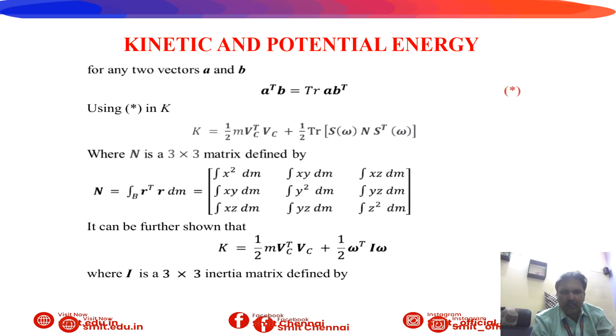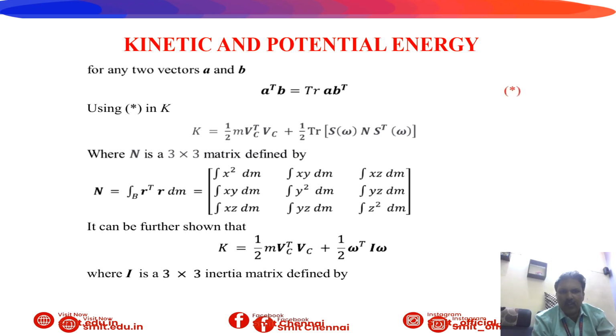So for any two vectors a and b, we can write a transpose b equal to trace of a b transpose. Using this equation again we can write K equal to half m v_c transpose v_c plus half trace of S(omega) N S transpose(omega).